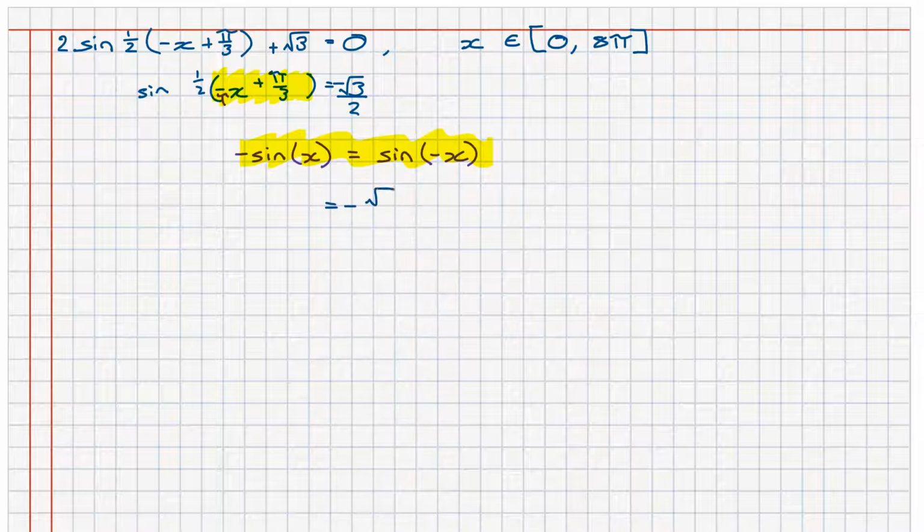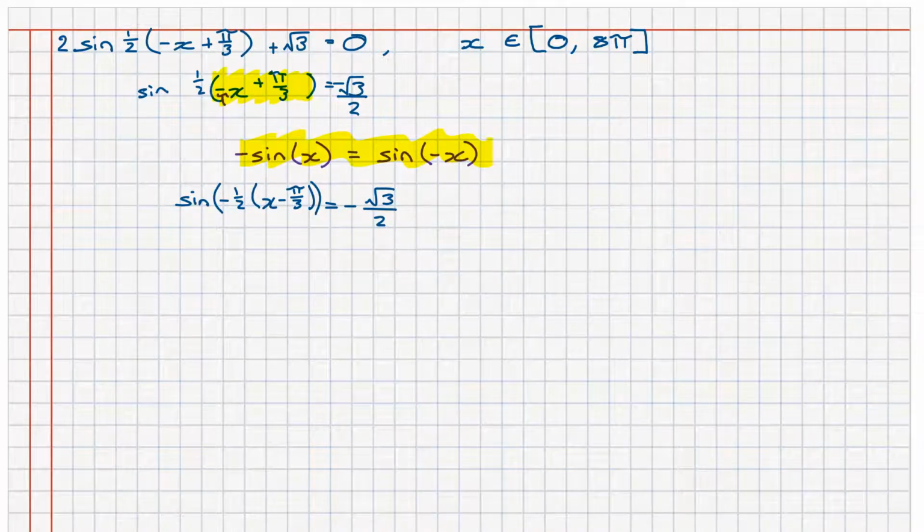So we're going to get this on the right hand side, and then on the left hand side we're going to see negative half x minus pi over 3 as such.